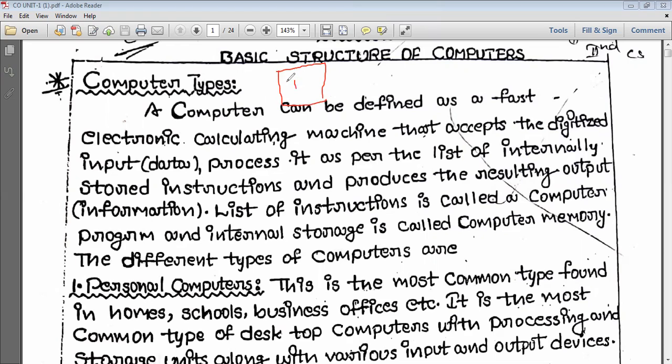So here, the input device, the processor, and the output device.